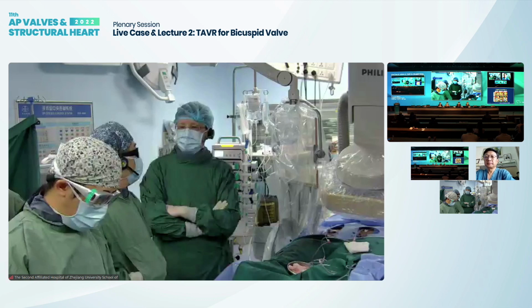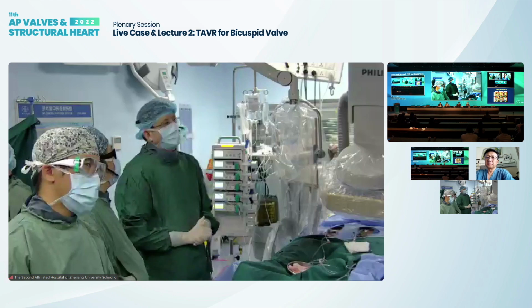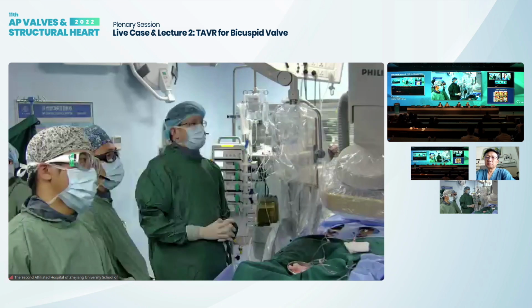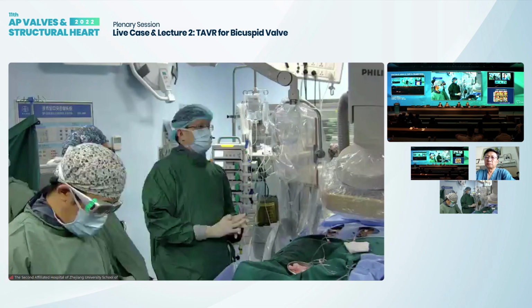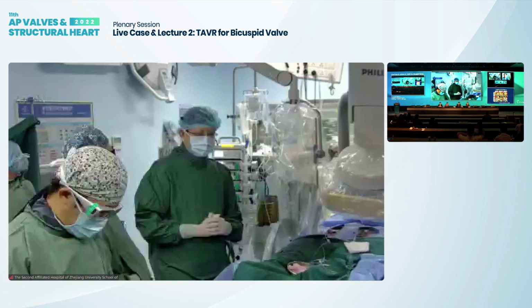Maybe for bicuspid stenosis patients, I think for most patients with severe calcification, the fully expanded rate is about 60%. How do you say? Fully expanded rate.